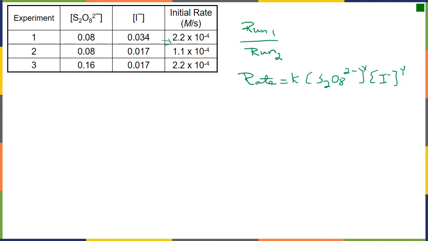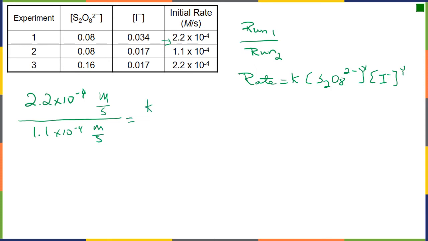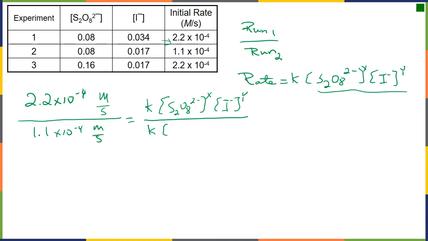And we're going to do a ratio of the rate at run 1 over run 2, and we're just going to put these two equations over top of each other. What would that look like? Well, this would be 2.2 times 10 to the minus 4 molar per second, run 1, over run 2, 1.1 times 10 to the minus 4 molar per second, is going to equal, and then we're just going to do the left side of this equation, k times S2O8 2- to the x times I- to the y, divided by k times, and this would be the value here at run 1, and we can actually plug numbers in here.